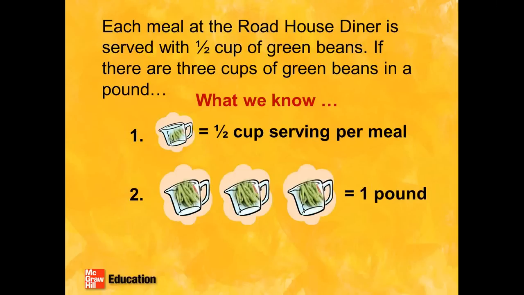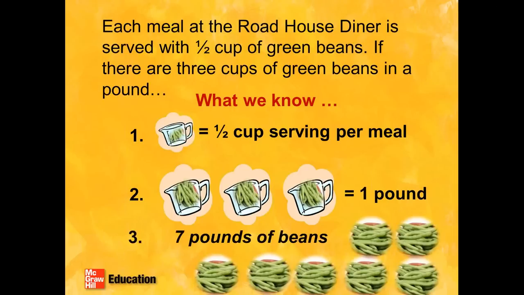One way students might model this problem is to make a drawing, using a small cup to represent the half cup serving that's given per meal. They may use 3 large cups to show how many cups there are in 1 pound of beans, and they may draw 7 piles of beans to represent 7 pounds.